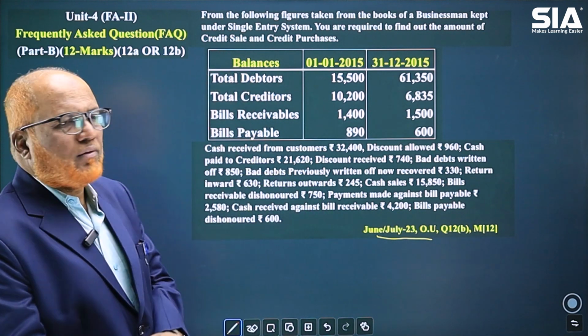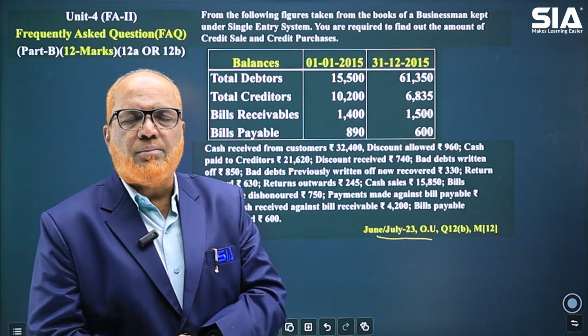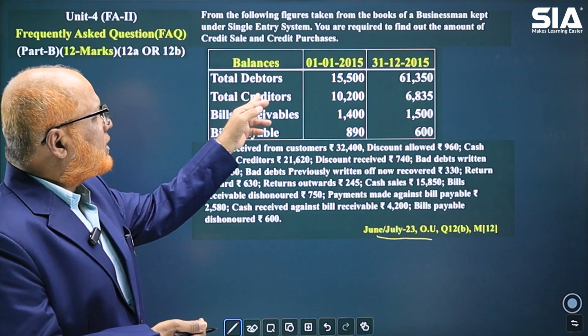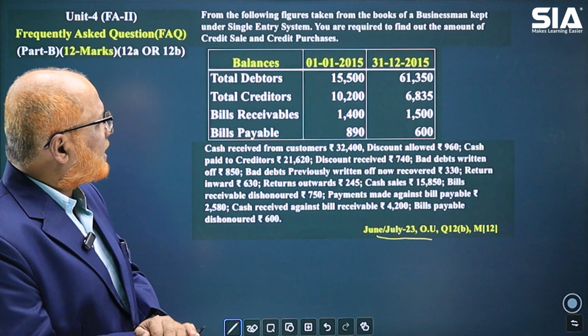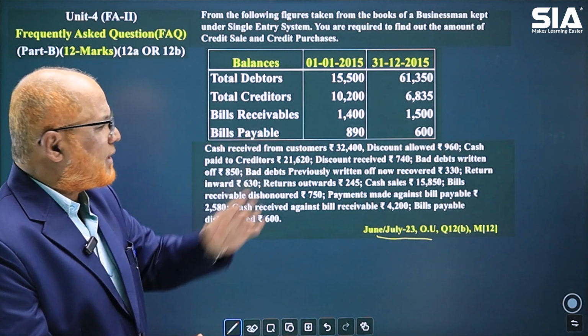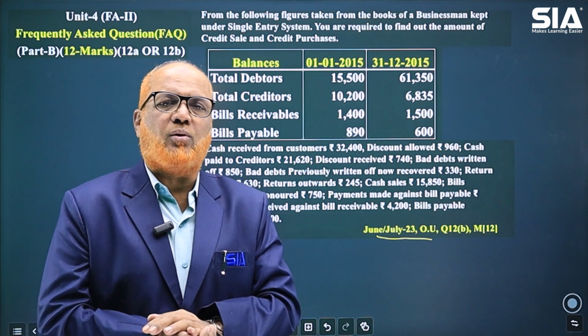So here information given 1st January 2015 and 31st December 2015, opening and closing. Then total debtors opening 15,500, closing 61,350. Total creditors opening, closing, bills receivable opening, closing, and bills payable opening, closing. So all the balances are given, opening, closing.